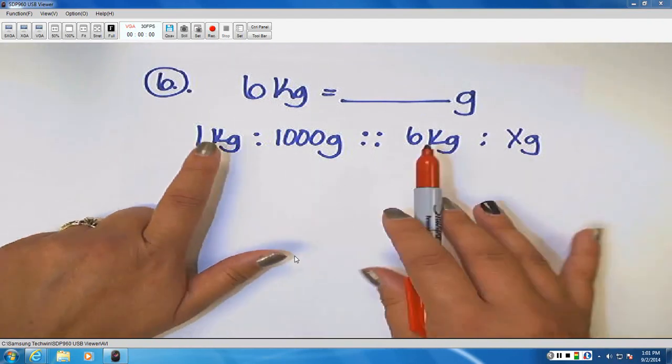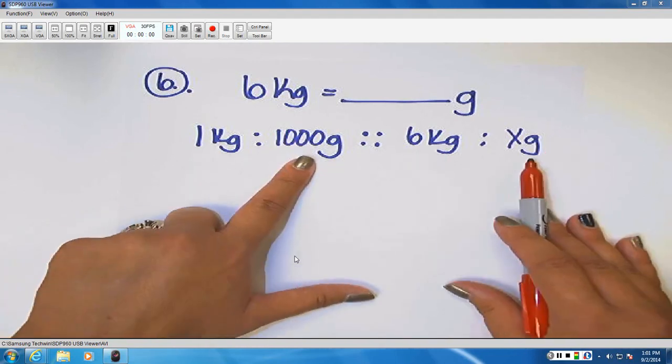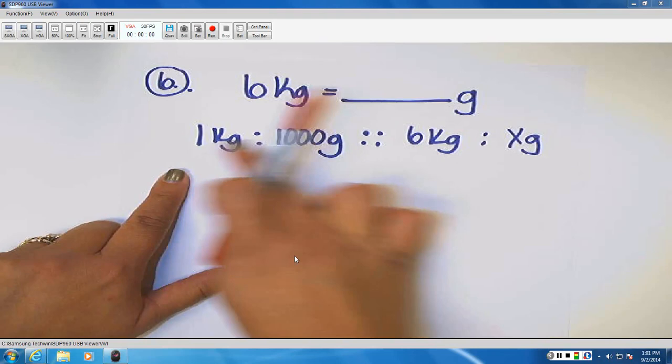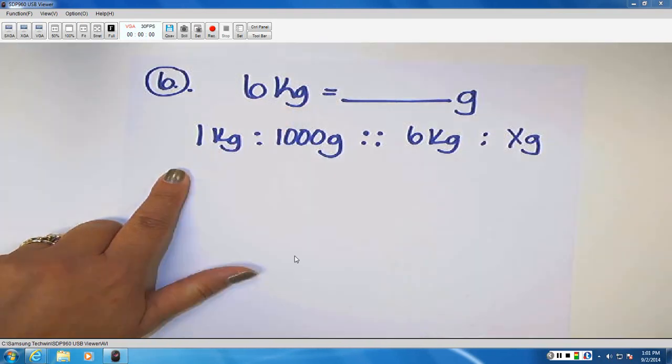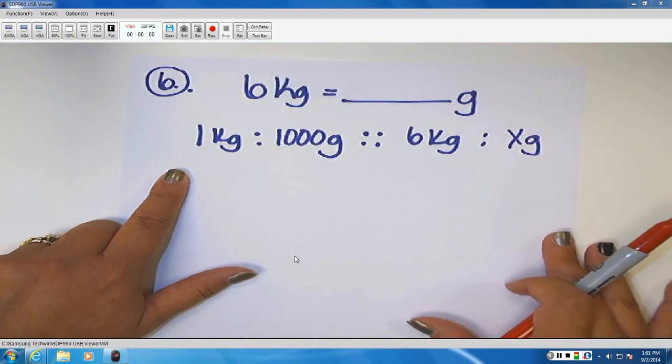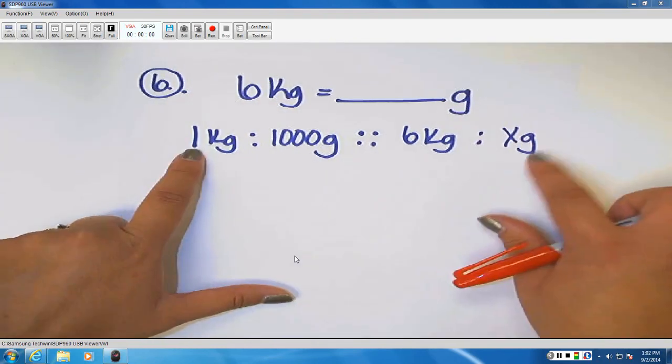Noticing again that I have my kilograms listed first on each side of the proportion, and my grams are listed second on each side of the proportion. I could have switched my grams and kilograms on the left side. That would have been fine, but I would have to make sure I matched it on the right side. So let's set up our equation. I'm going to take my kilograms and multiply it by my grams here.